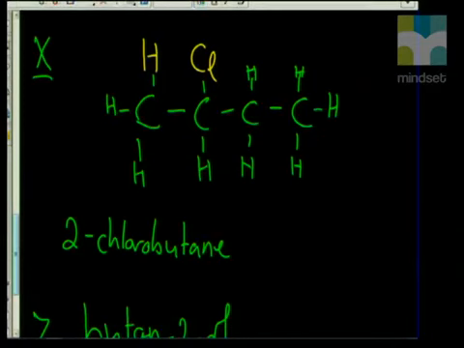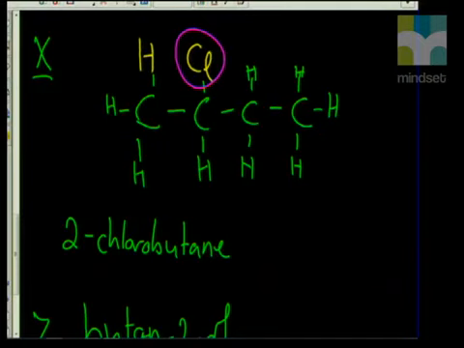So, guys, what's happened? If we started with this thing that we've drawn in yellow, the chlorine, we've simply replaced it with an OH. So we've taken that chlorine away, and we've placed in its place the hydroxyl.